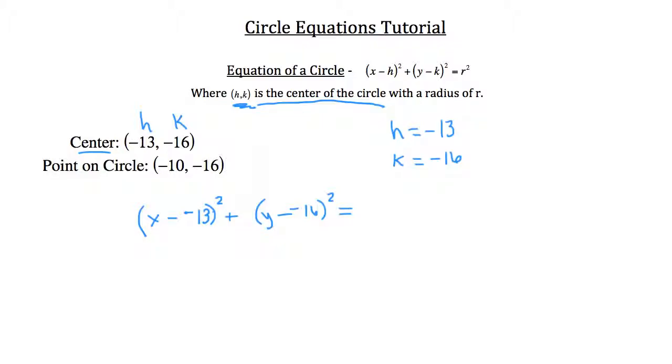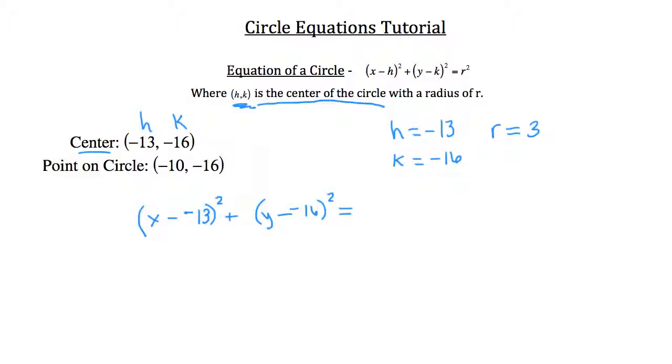If you traveled from negative 13 along y equals negative 16, you'd have to go 3 units to the right to arrive at negative 10. So if you have to go 3 units from the center of a circle to the edge of a circle, then that circle has a radius of 3. So our radius over here is going to be equal to 3.